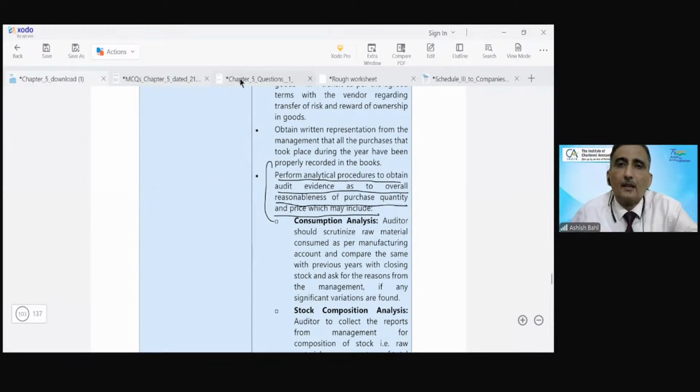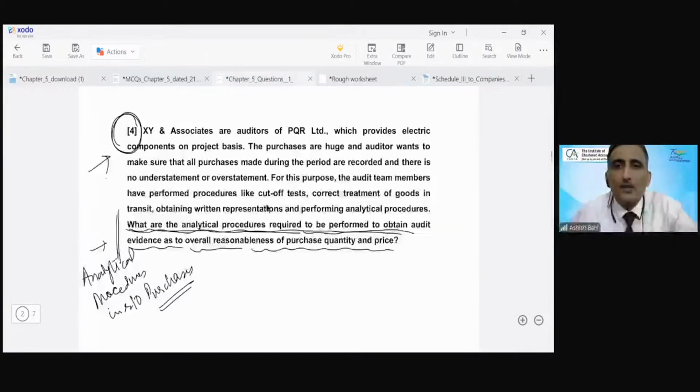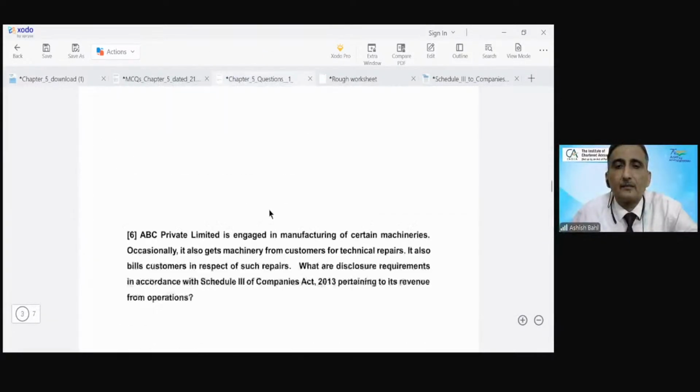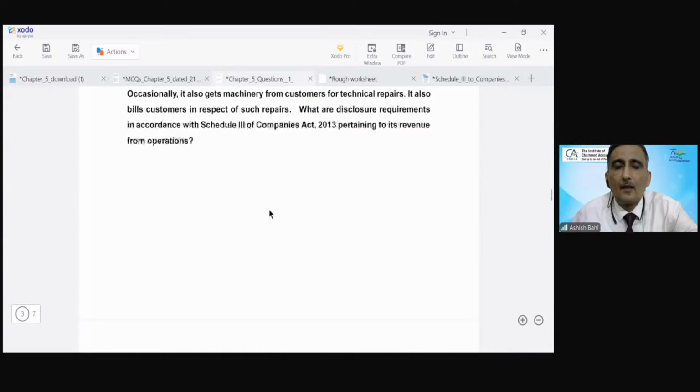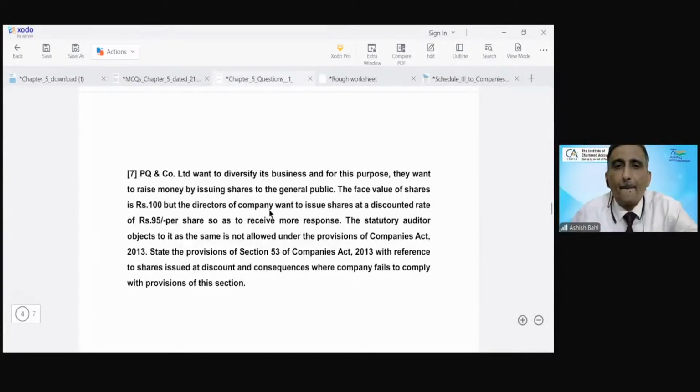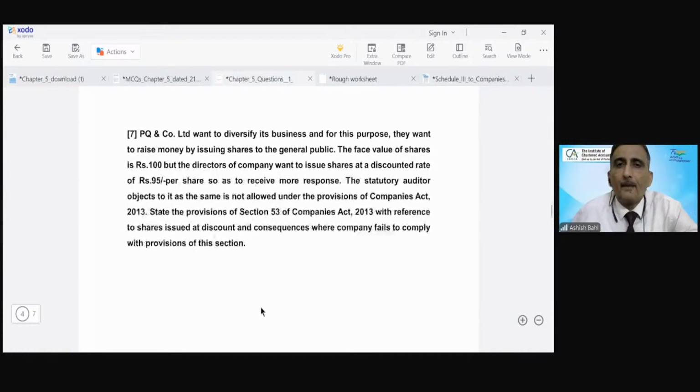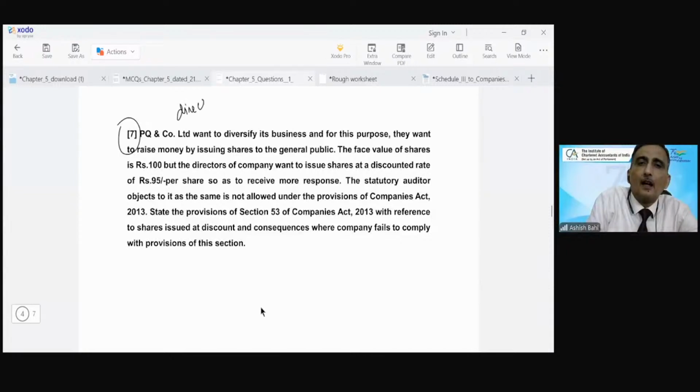Yes. So now we take another question. Yes. So it is a direct law question. It is a direct company law question, which has come in the auditing paper because of this chapter 5. Yes.